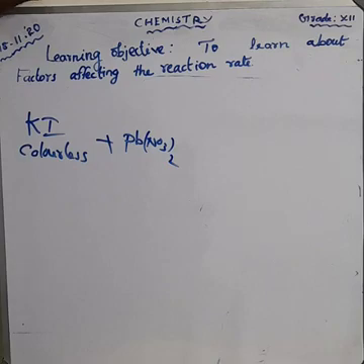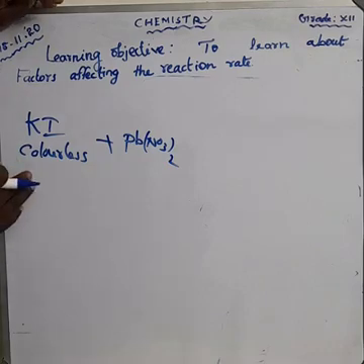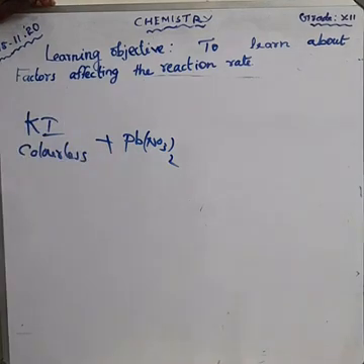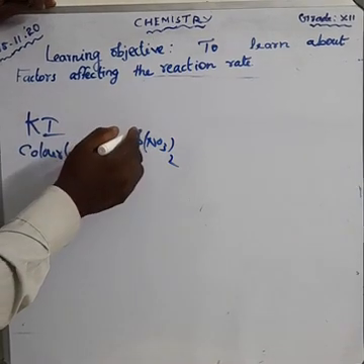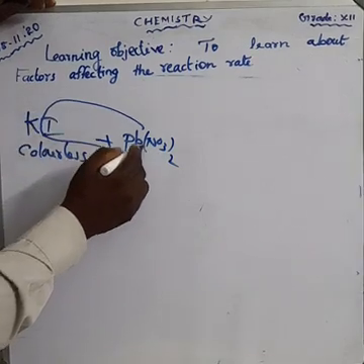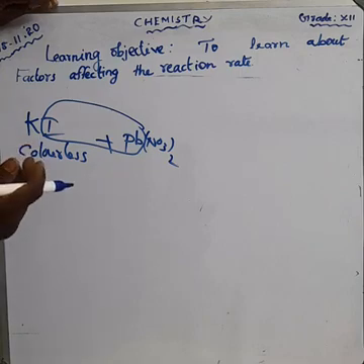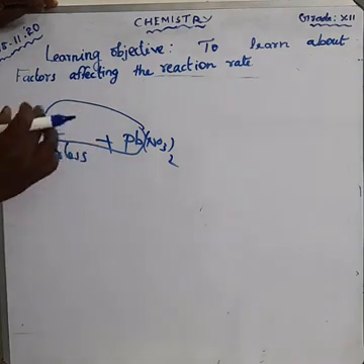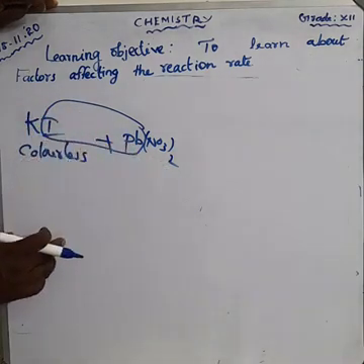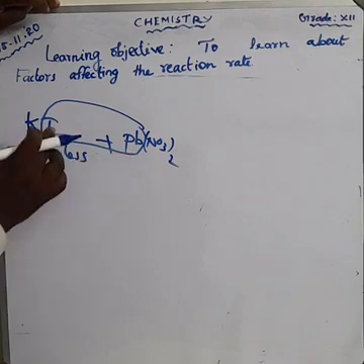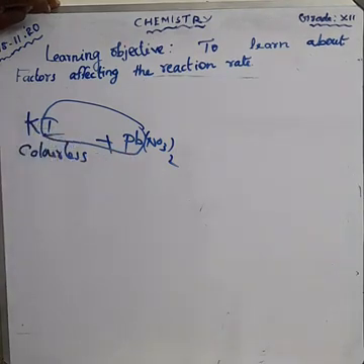Potassium iodide reacts with lead nitrate. Lead combines with iodine to form lead iodide, and potassium combines with nitrate to form potassium nitrate.